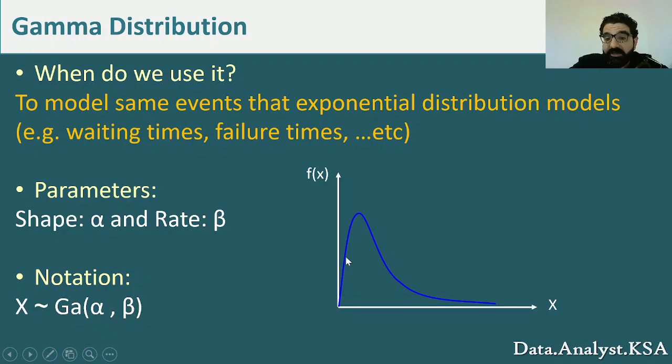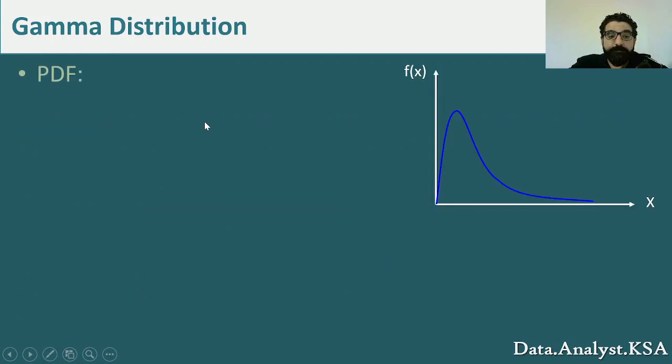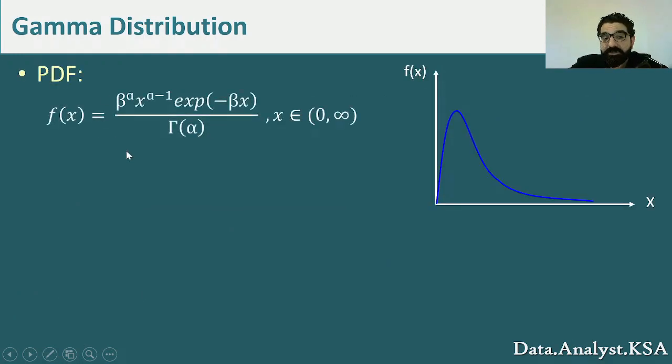So once I know the shape and once I know the rate of decay, I can tell what my gamma distribution is. So the probability density function looks a little complicated. It's this function. However, if I know alpha, this will be a constant. If I know beta, this will be a constant. And it will only be proportional to x to the alpha minus 1 times the exponential of minus beta x.